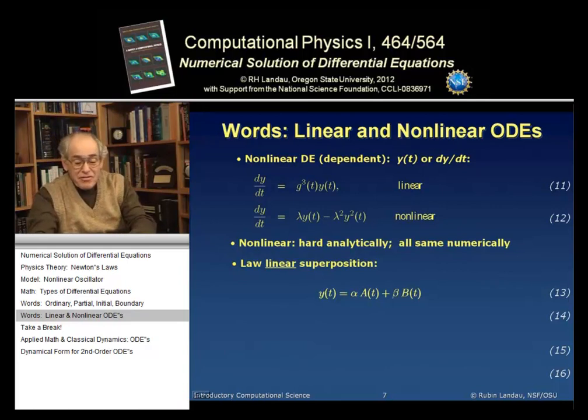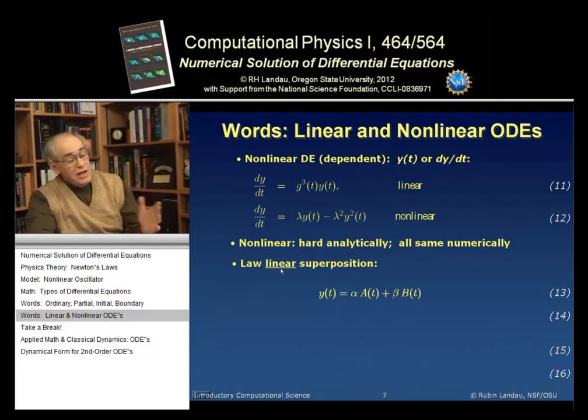And the mathematics, again, tells us if we have a linear system, so a system like equation 11 here, then we have the law of linear superposition. And why is linear underlined here? Why does it always say linear superposition? Well, that's because it only holds for linear systems.